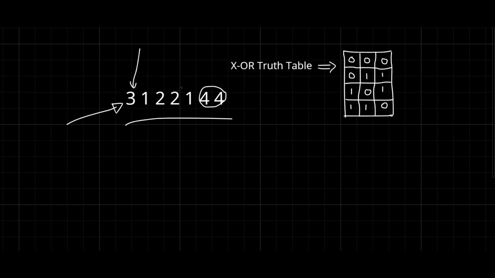In this example, 4 appears 2 times, 1 appears 2 times, and 2 also appears 2 times. So all of the elements appear twice except for the answer element. So if somehow we can eliminate the repetitive elements, then we can come up with a solution.